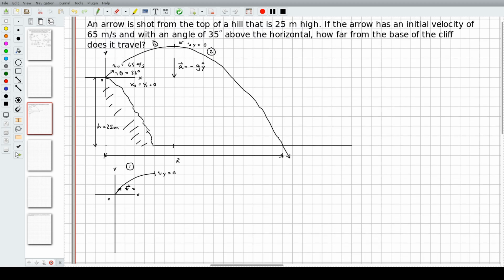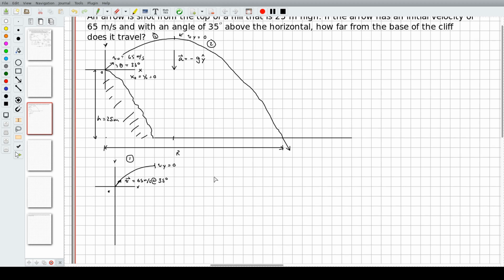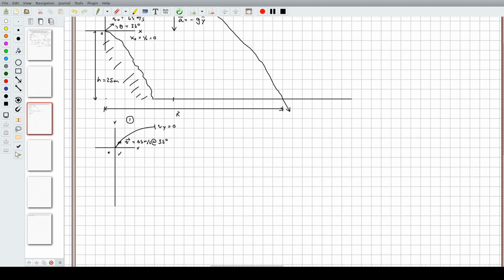It was 65 meters per second, making an angle of 35 degrees with respect to the x-axis. And again, we know x naught and y naught are 0. And so what I propose again that we do is to find the time it takes for it to get up to here, and then find the time it takes for it to fall and hit the ground, and then go from there, using that to find the stuff we're trying to find here. Okay, so really, what have we been given for the first part?